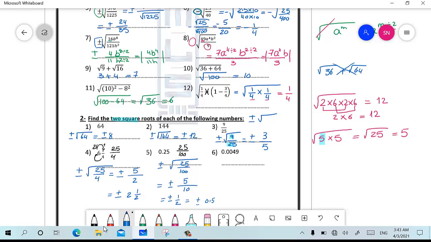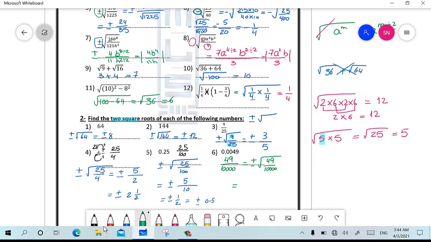The last one here is number 6. I want to find the two square roots for 0.0049. Again, I'm going to change it to a fraction. So it is 49 over 10,000. I'm going to find positive negative square root 49 over 10,000.